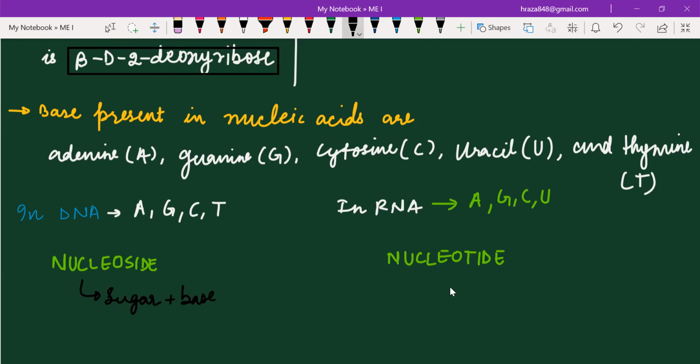And if you have nucleotide in RNA, that is basically sugar plus base plus phosphoric acid. This is the difference, this phosphoric acid. So please do write up to this.